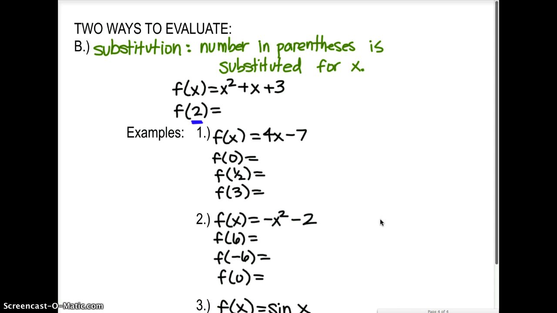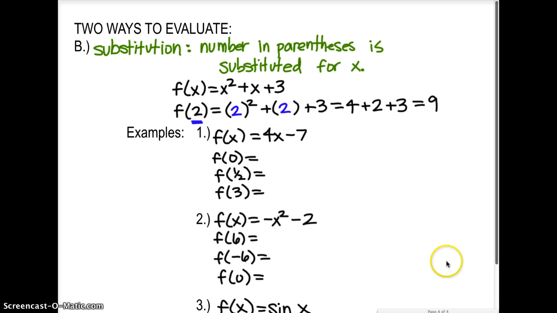So instead of x squared, we have 2 squared plus, well, not plus x anymore, plus 2, plus 3 at the very end. So 2 squared is 4, plus 2, plus 3. That means this function, f evaluated with an input of 2, is 9. Okay? So you are substituting, you are replacing.